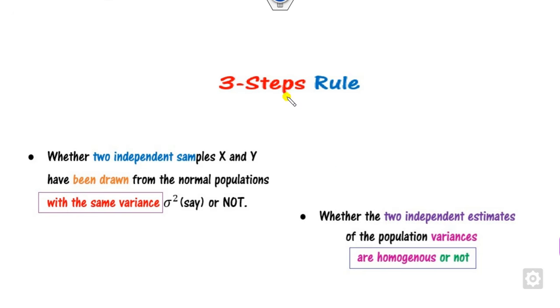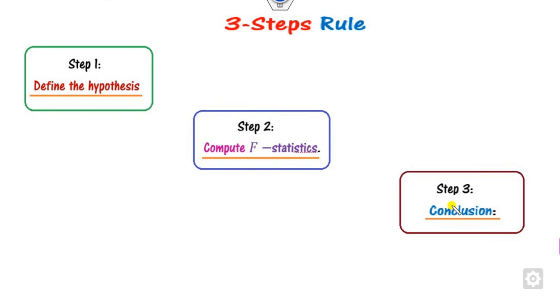Now we can define the 3-step rule, which gives us the answer whether the population variances are the same, or homogeneous, or not. We define the testing of the hypothesis: define H0 and H1 in step number 1.